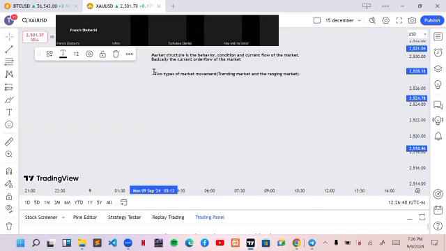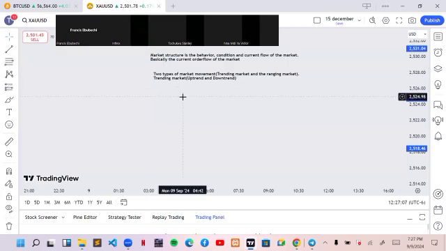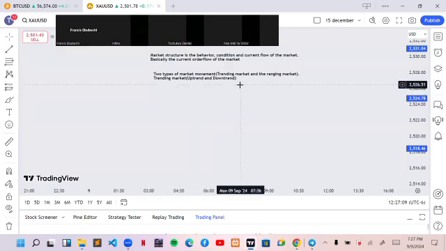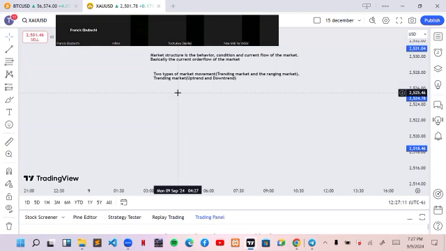And then in the trending market, we have the uptrend and the downtrend. The uptrend is when the market is making a series of higher highs and higher lows, while the downtrend is when the market is making a series of lower highs and lower lows.